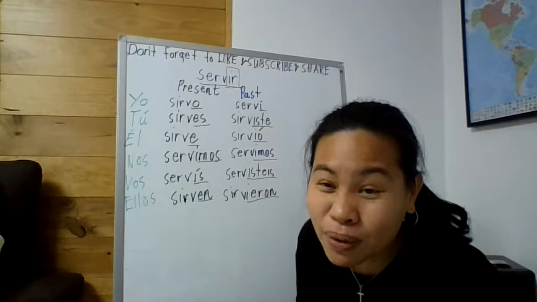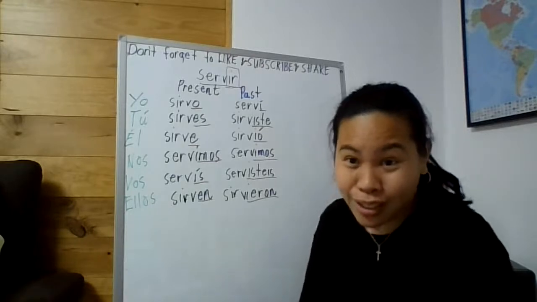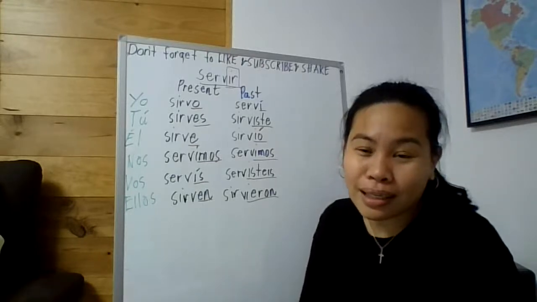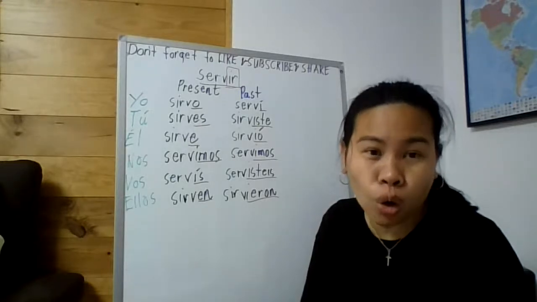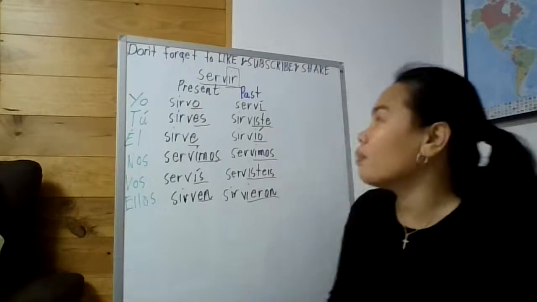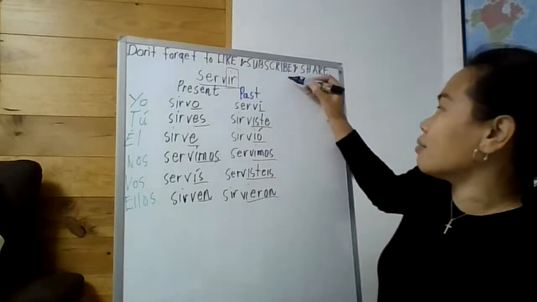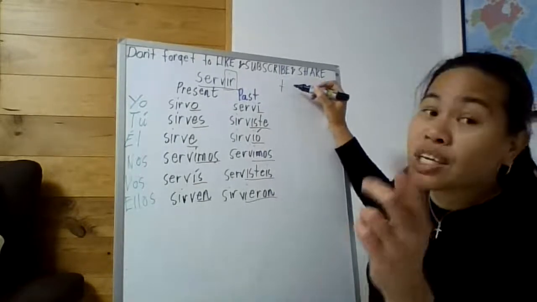Tener is a verbo también, of course. Tener. It's a verbo to have. Tener. Tengo. Yo tengo. Vale. And that is ER, Rob.